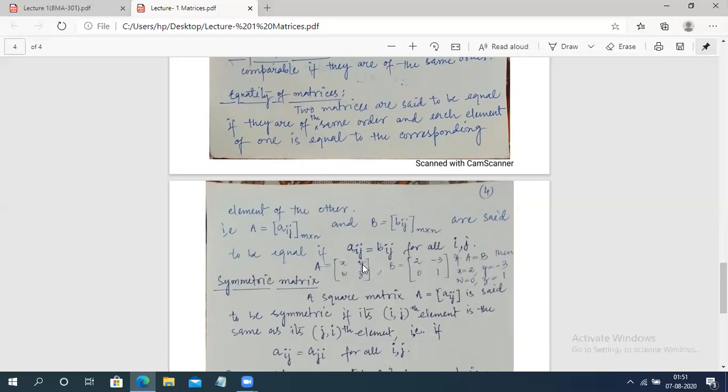A12 is y and B12 is minus 3, so y is equal to minus 3. A21 is w and B21 is 0, so w is equal to 0. Similarly A22 is z and B22 is 1, so z is equal to 1. So A and B are two equal matrices if their corresponding elements are equal.